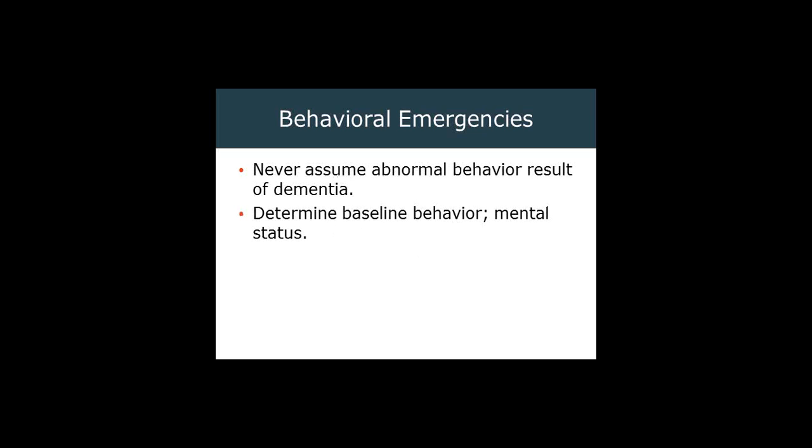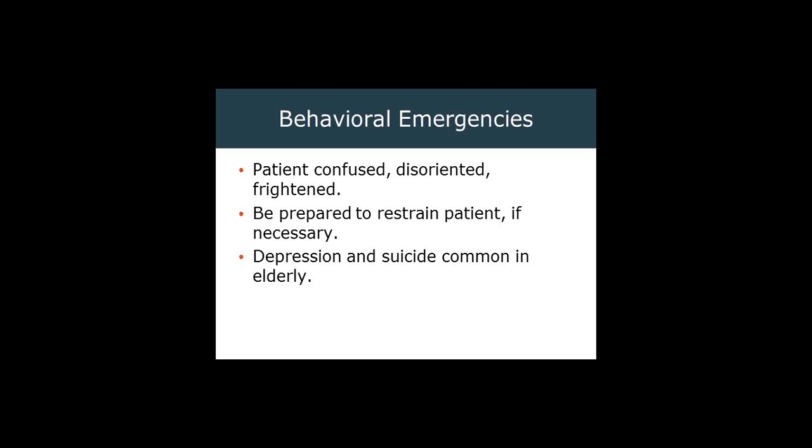Never assume that their abnormal behavior is due to dementia. Try to determine what their baseline is. So it's important for us to talk to other people and find out what is the norm for this person. The patient may be very confused, disoriented, and very frightened, and you need to be prepared to restrain as necessary.